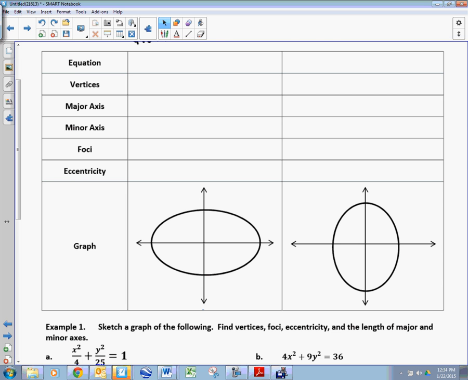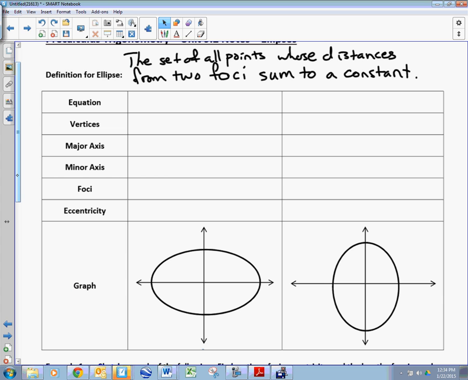So the equation for an ellipse looks like this: x squared over a squared plus y squared over b squared is equal to 1. Whatever number is under x squared, we take the square root of it. What's the square root of a squared?